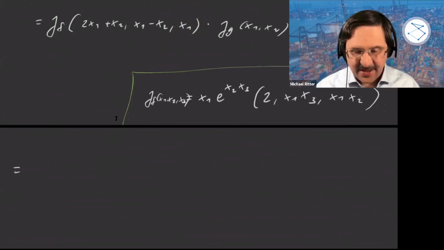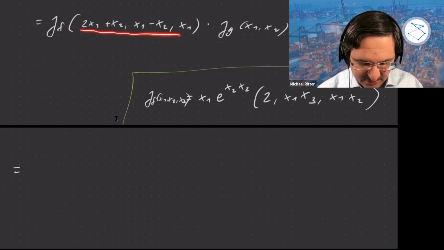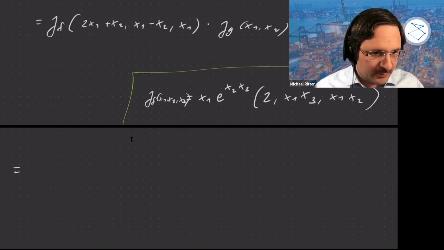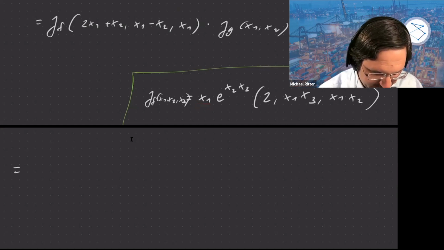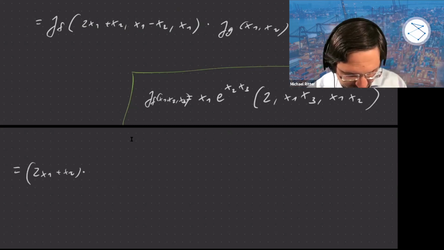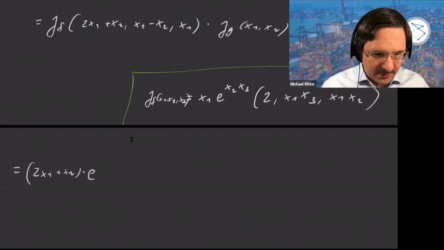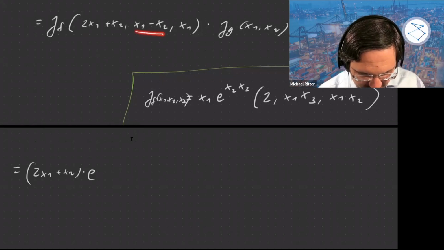So this is not Jf at x1, x2, x3, but Jf at this vector here. So what do we get if we do that? It starts with x1, which is 2x1 plus x2 here. So we have 2x1 plus x2 times e to the power of x2 times x3. That's this times this.